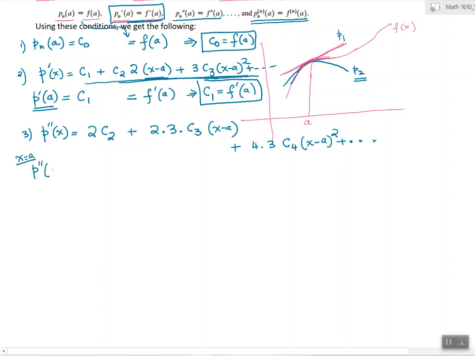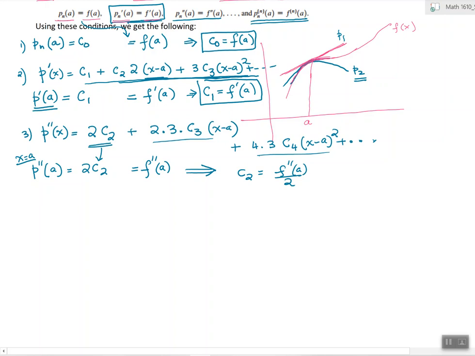So p double prime at a, if you put in a, you're going to be left only with 2 times c2. The rest will all become 0. This is supposed to be equal to the second derivative of the function at a. So what does this imply? c2 is equal to f double prime of a divided by 2.